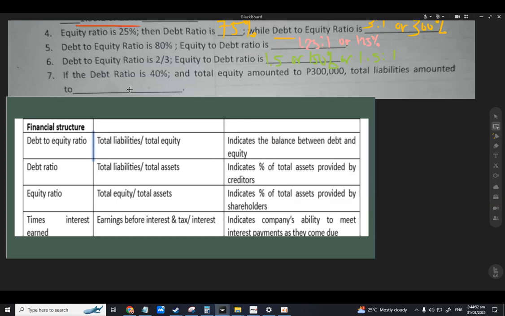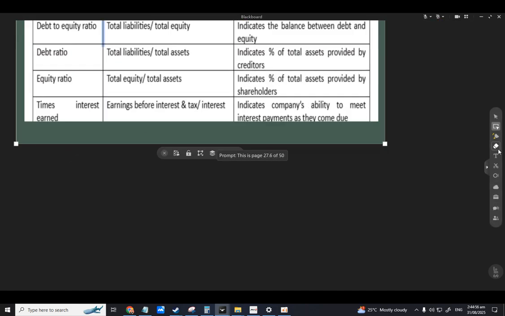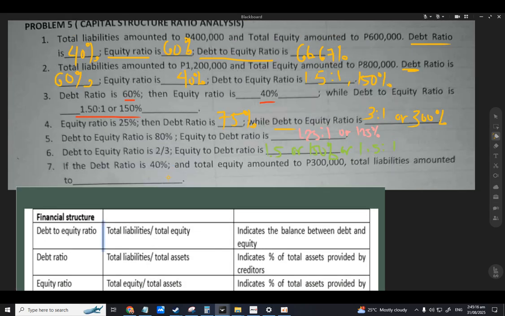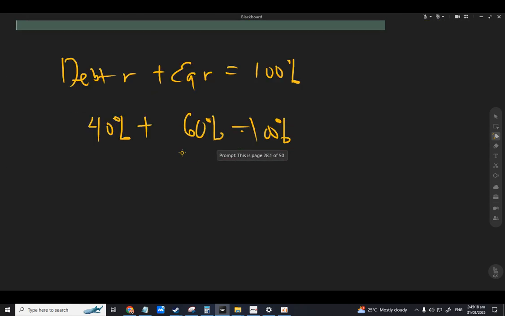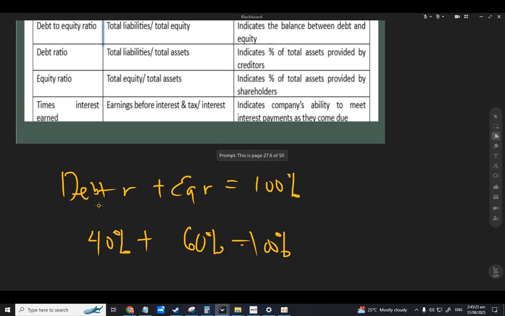Kaso, alam natin na yung debt ratio pati equity ratio, pag inadd mo yan, 100%, di ba? So, kung debt ratio is 40%, alam natin ang equity ratio will be 60%, kasi 100 yan. Okay? Kung ano bang formula ng equity ratio, nandito yan.